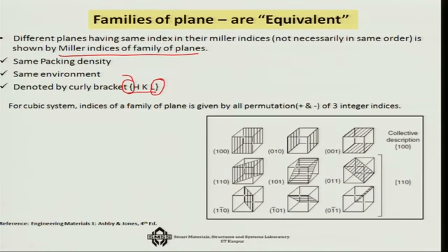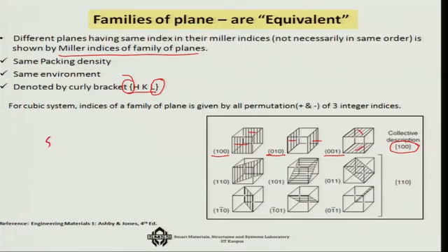Okay. So, then this edge, the first edge as has been shown, is 1 0 0, then this is 0 1 0, and this is 0 0 1. Now, if all these edges, vertical edges, this one and this, if I want to put them together collectively, I can call them the family of 1 0 0, meaning thereby that you can have all the permutations and combinations inside.